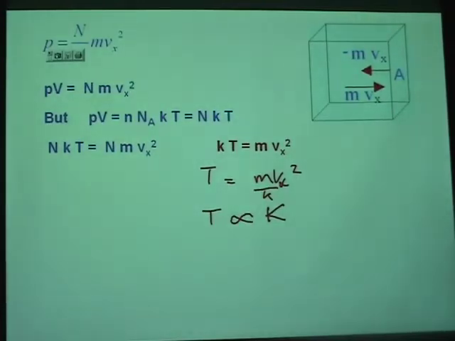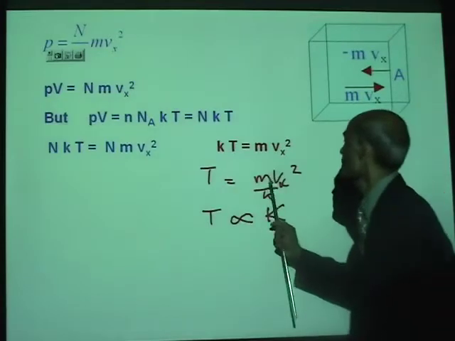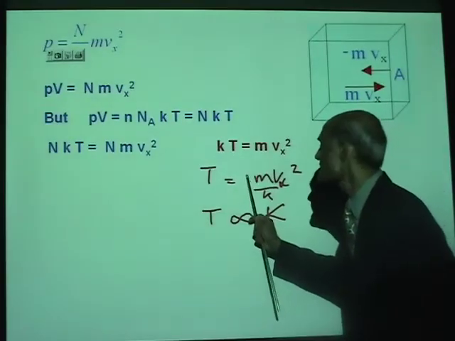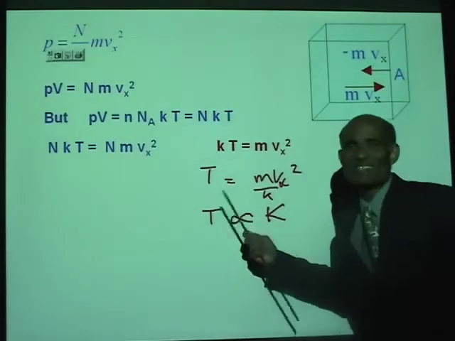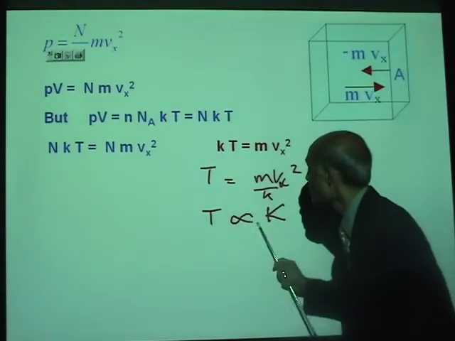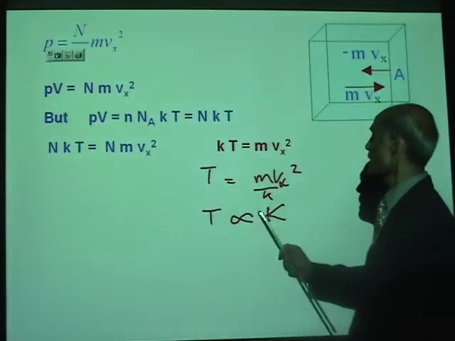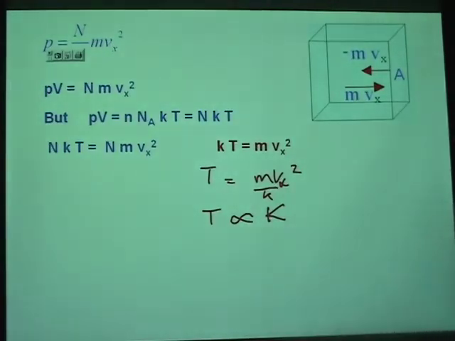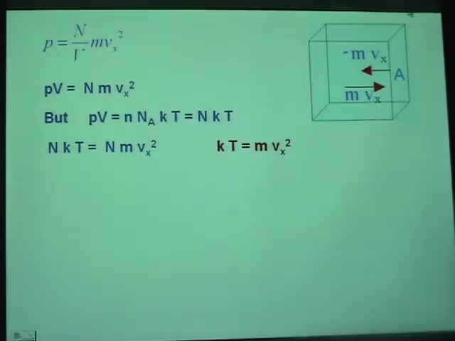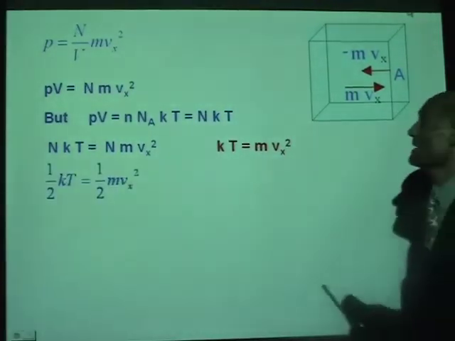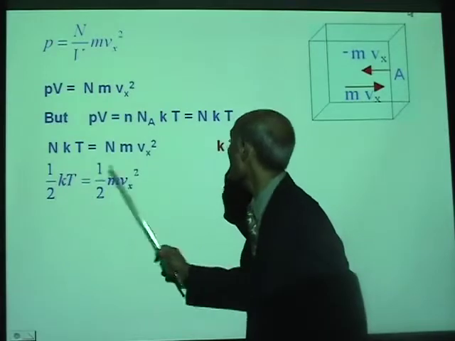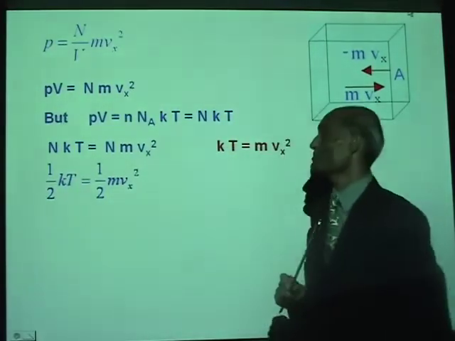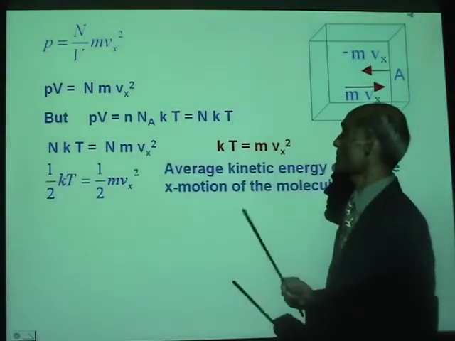You see, what is missing here is a 1/2, which is a constant. So I can put it all together and say the temperature is proportional to the kinetic energy. That is a neat way, and our assumptions fit very well in what we see here. So you can see 1/2 kT, I multiplied both sides with 1/2 to obtain that result.